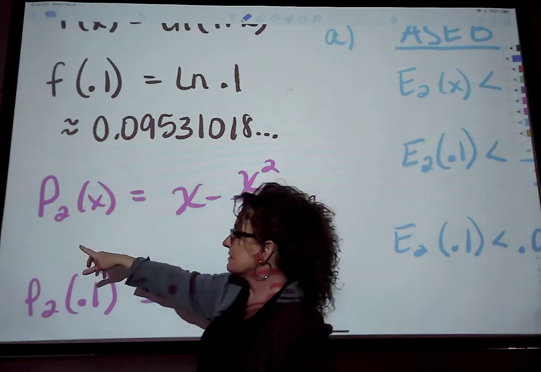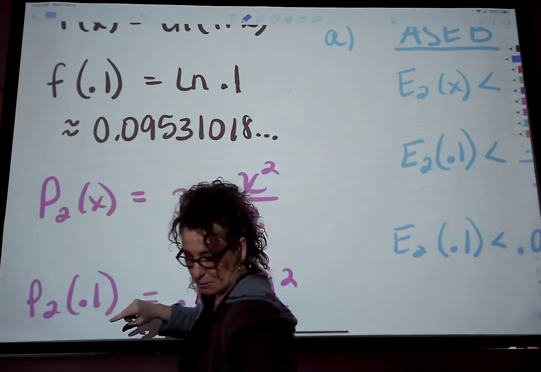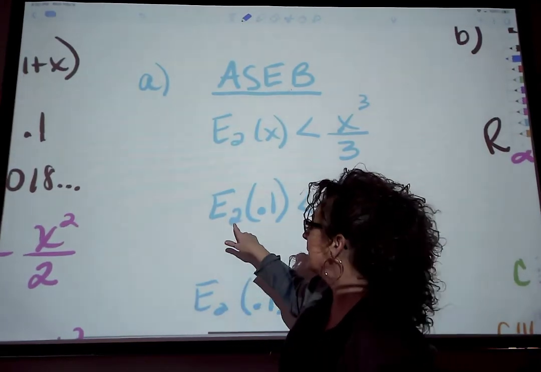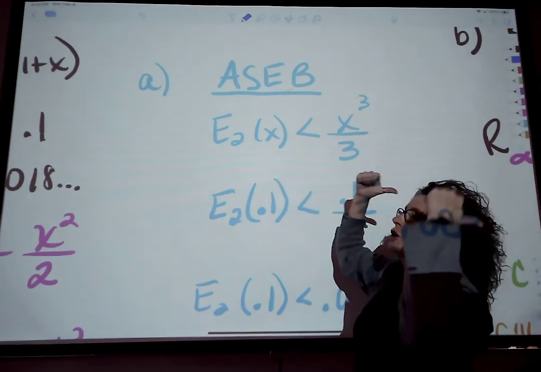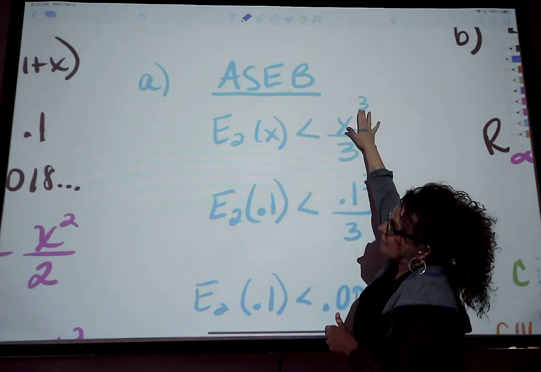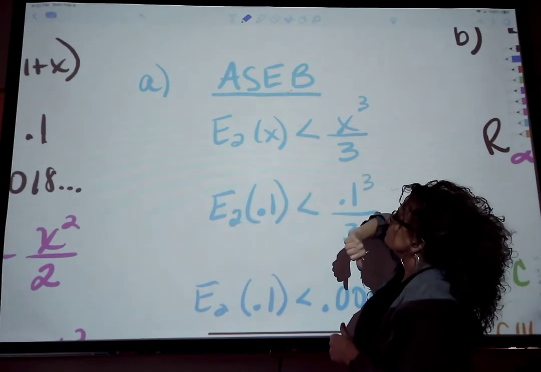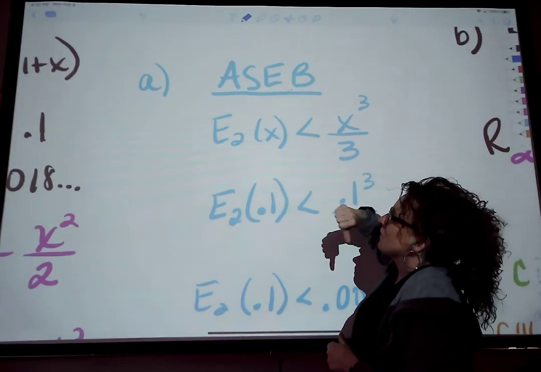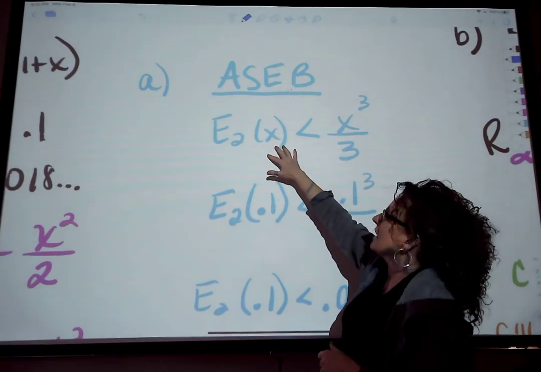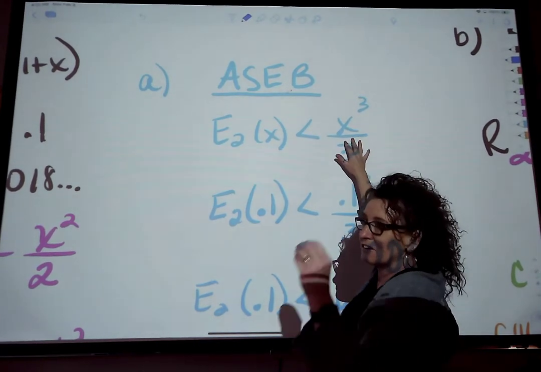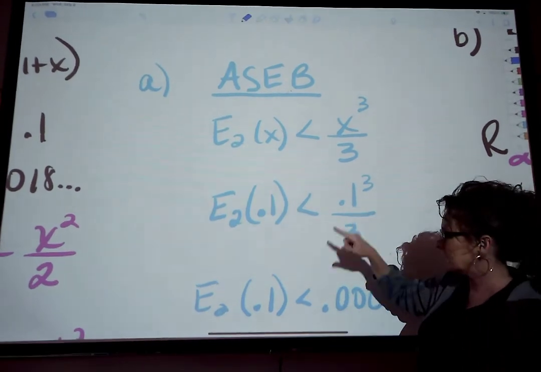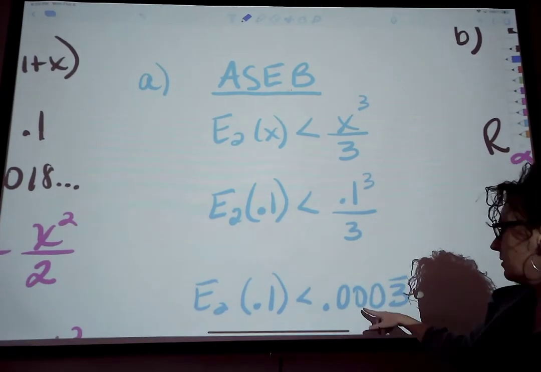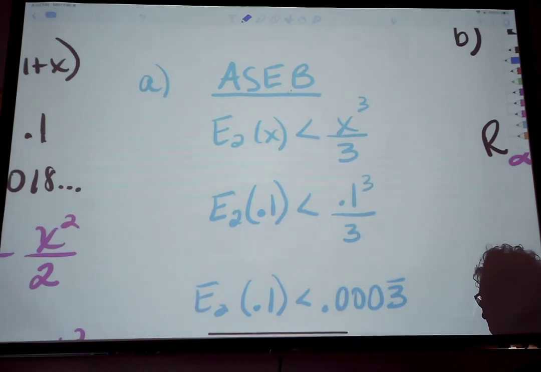Since this was my second order polynomial, I'm using a 2 here, but I'm looking at the next term, so this would be the n plus 1th. And the alternating series error bound says my error is always less than that very next term. Well, what is that very next term with 0.1 plugged in? It's 0.0003 repeating.